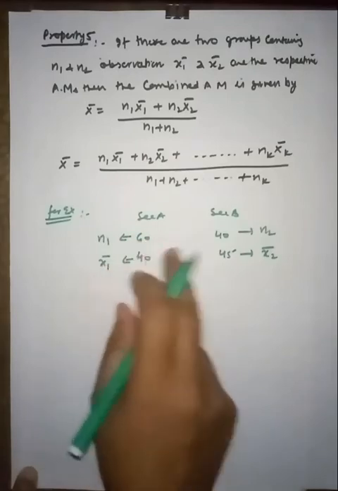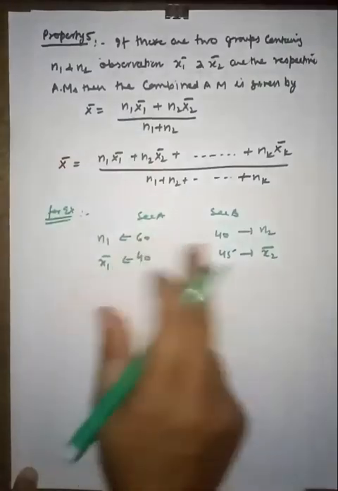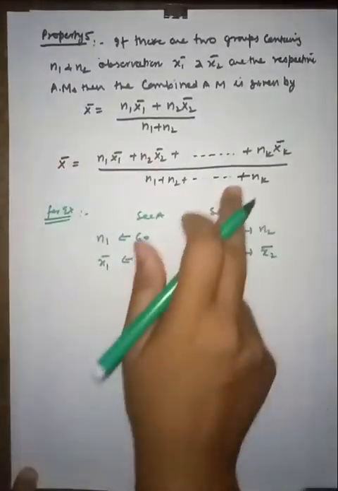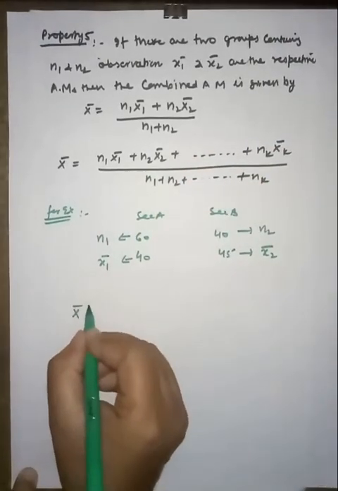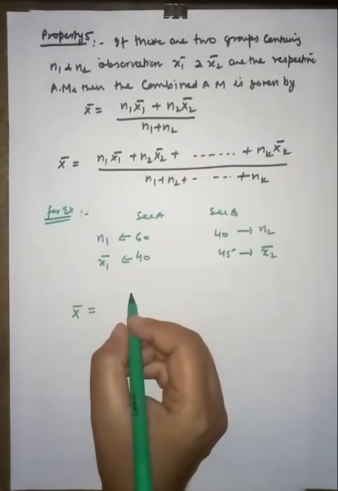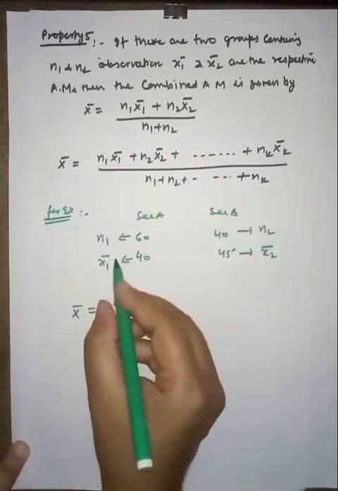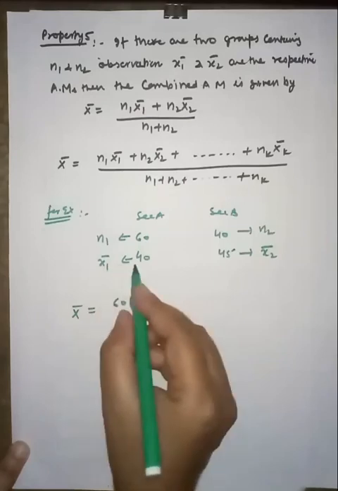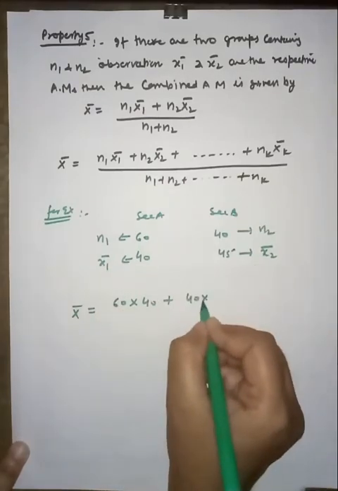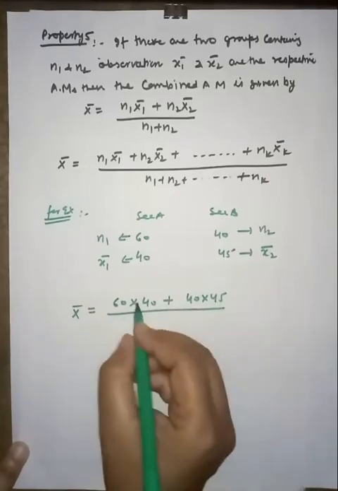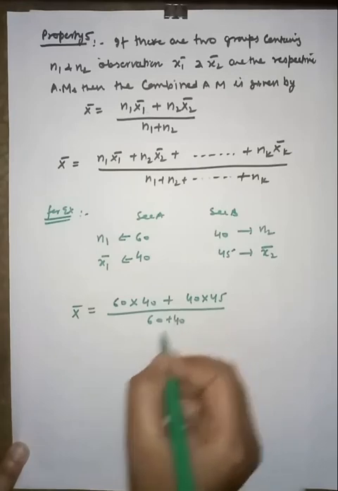Since two sections are given, only two groups, I use the first formula. So x bar equals n1, which is 60, multiplied by 40, plus n2, 40, multiplied by 45, upon 60 plus 40, that is 100.